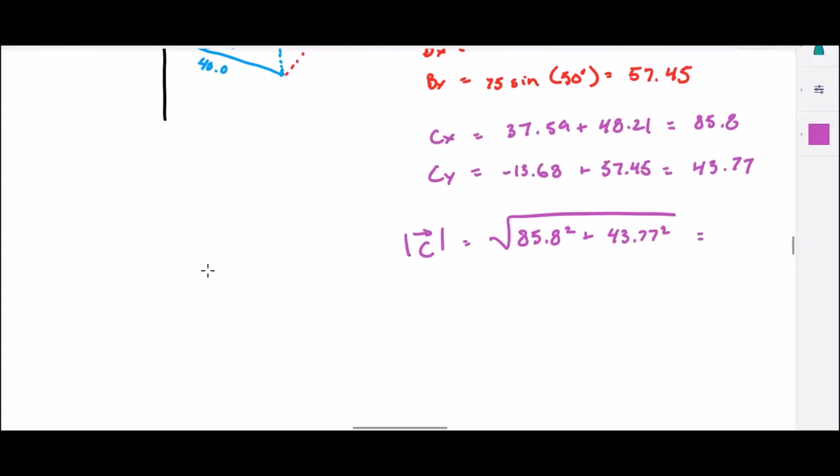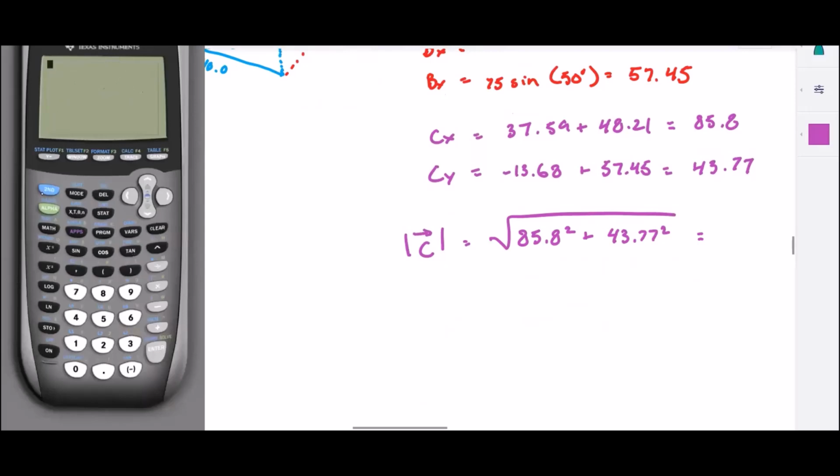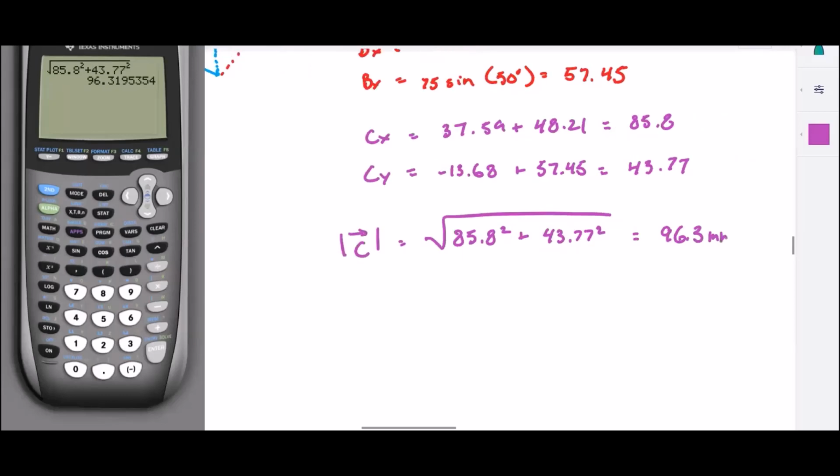There's a couple of calculations I can do in my head, but this is not one of them. 85.8 squared plus 43.77 squared, the square root of that, and I get 96.3. And the original unit I was given was millimeters. So the magnitude of C must be 96.3 millimeters.